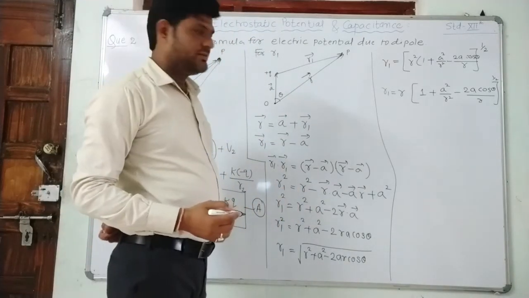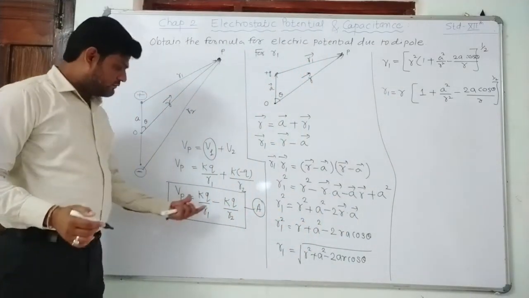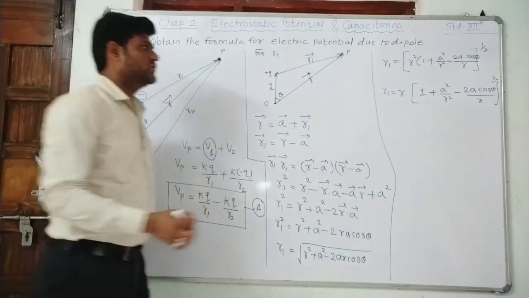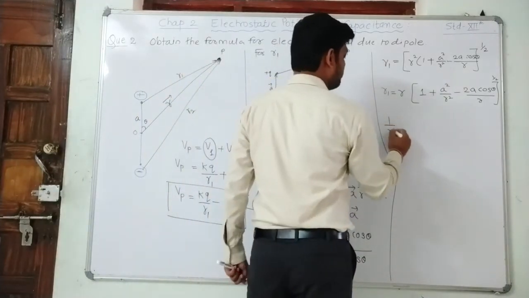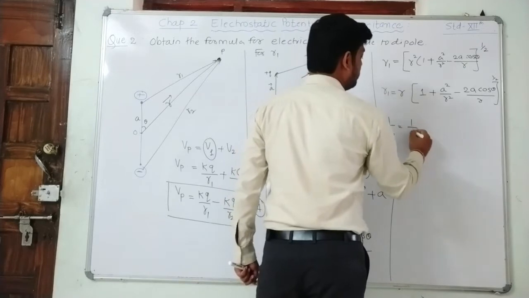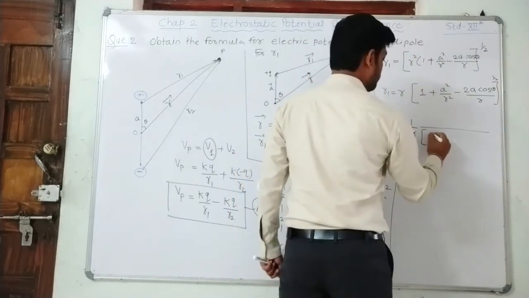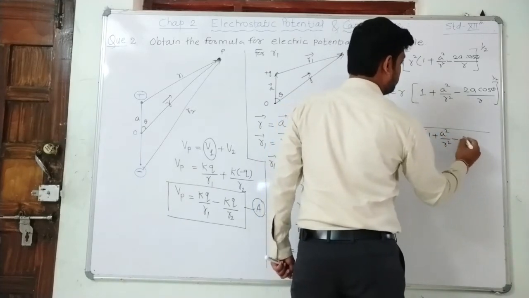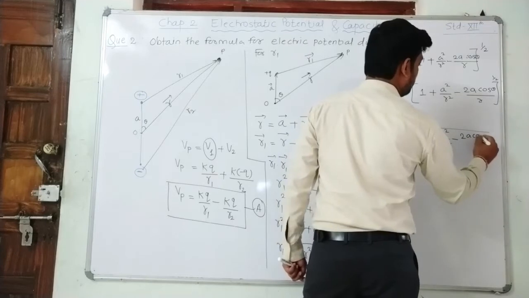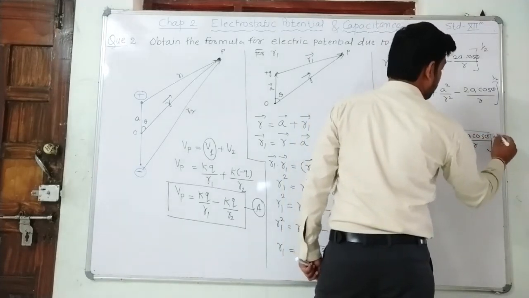Rearranging the equation, suppose I want to calculate the value of 1 by r1. So take the r1 over there, so we can write 1 by r1 equals 1 by r times 1 plus a square by r square minus 2a cos theta by r, raised to half.